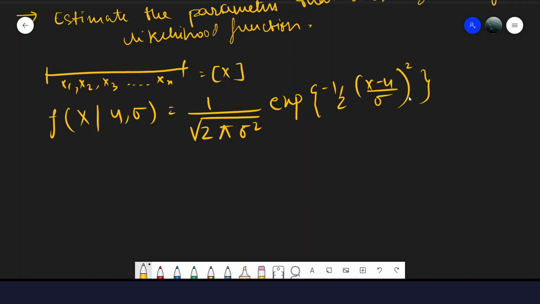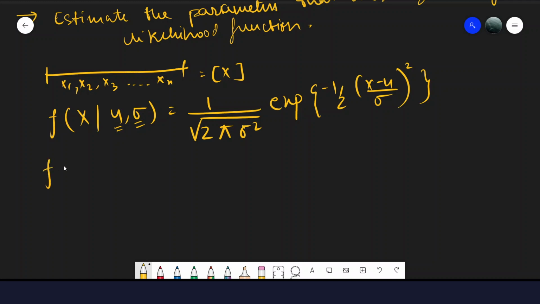That's not the maximum likelihood estimation. This is a likelihood function for the Gaussian distribution. So I'm assuming that my data sets follow this distribution given some value of mu and sigma.